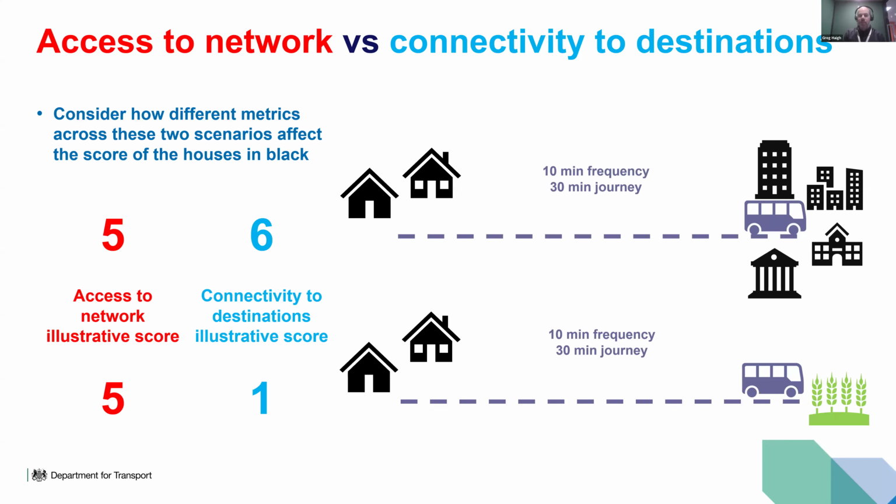But when you're considering connectivity as we do, you can see that the top scenario, which actually results in people being able to travel to useful places they want to get to, gets a much higher score compared to the example at the bottom, where they can't really reach any destinations within the same time. Next slide, please.